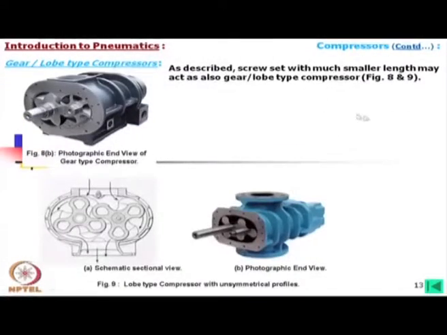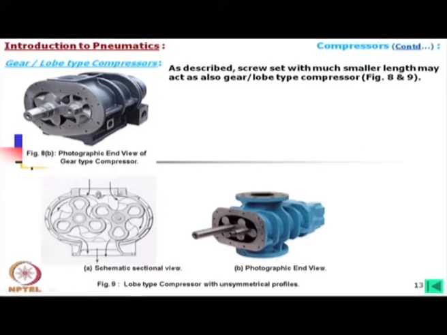Now, here again I have shown some, say this is gear type and similar is the lobe type, but in case of lobe type usually these profiles are same, both the profiles are same and number of lobes will be same, but basic principle of lobes and gear are the same and you will find inlet outlet is like that.